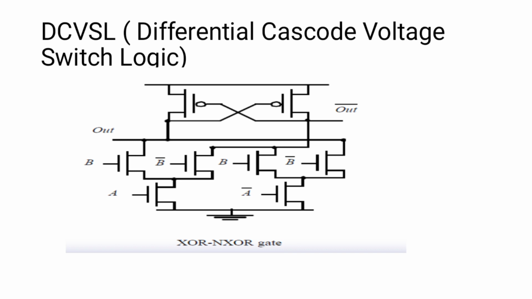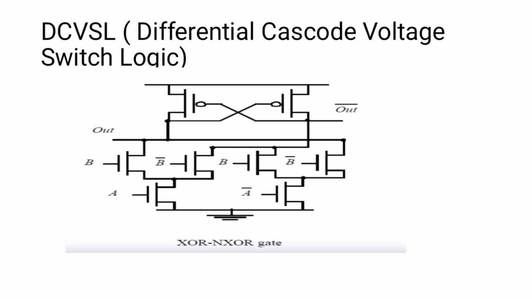The pull down network implements the logic function as in a static CMOS gate. For any given input pattern, one of the pull down networks will be on and the other will be off. Why? Because A and A bar are there. So at a time only one pull down network is active and the other is inactive, right? The pull down network that is on puts its output low. This low output turns on the PMOS transistor to pull the opposite output high.